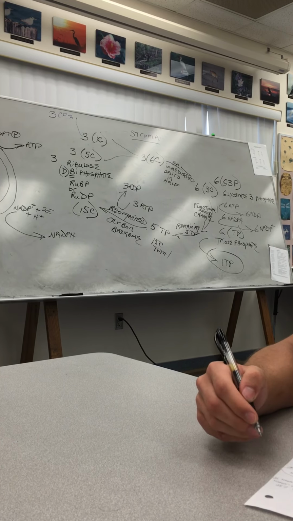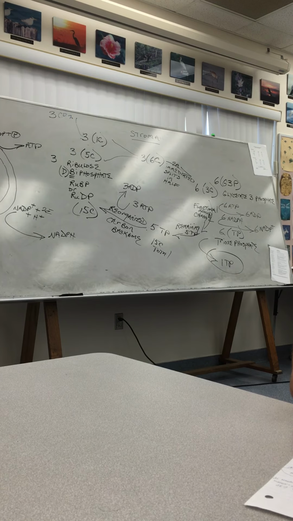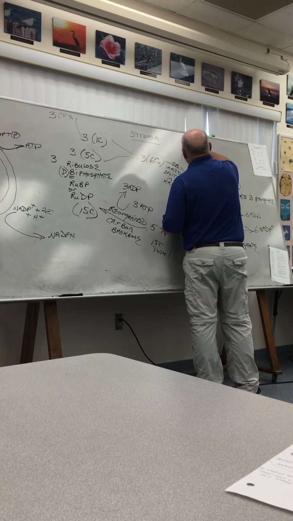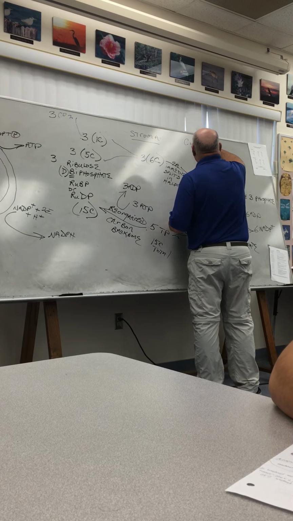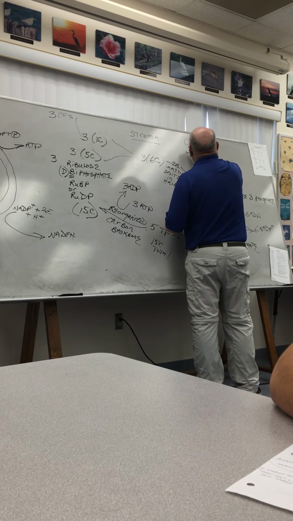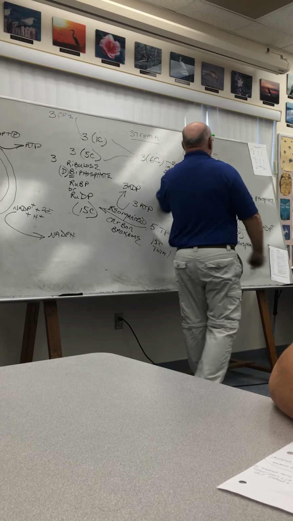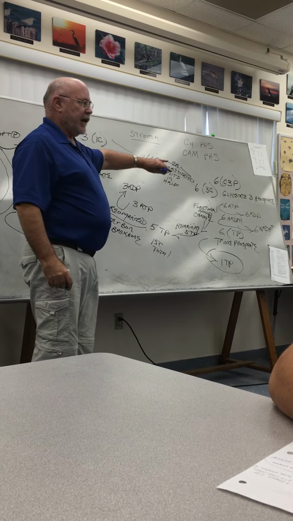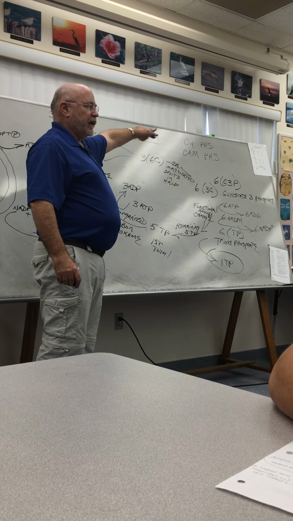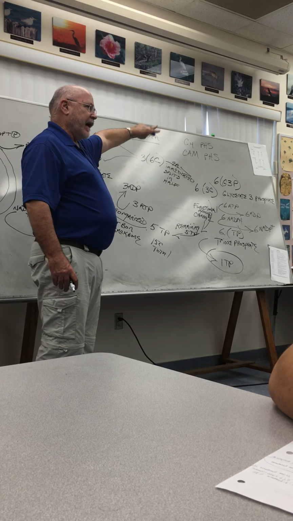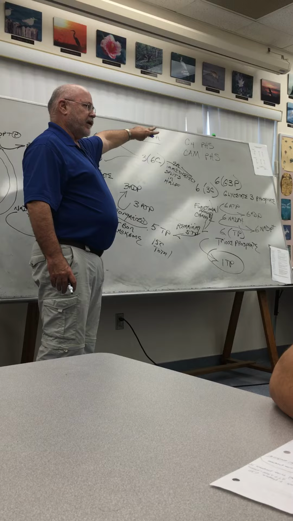For AP students, I'm not going to do this now, but what you might want to do is look up very briefly what's called C4 photosynthesis and CAM photosynthesis. And neither one of those changes what we're doing here, but these are plants that live in unusual growth conditions, typically very high lighting conditions and very moist conditions.